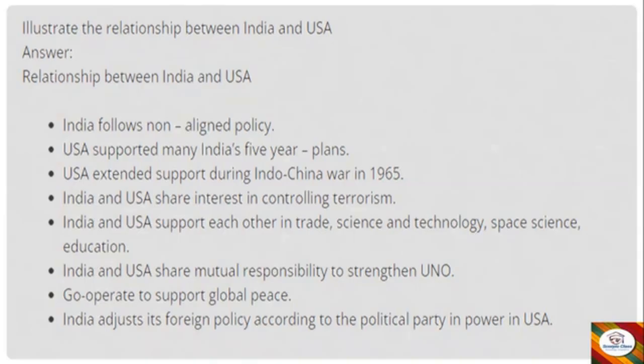India and USA share interest in controlling terrorism. India and USA support each other in trade, science and technology, space science, education. India and USA share mutual responsibility to strengthen UNO and cooperate to support global peace. India adjusts its foreign policy according to the political party in power in USA.